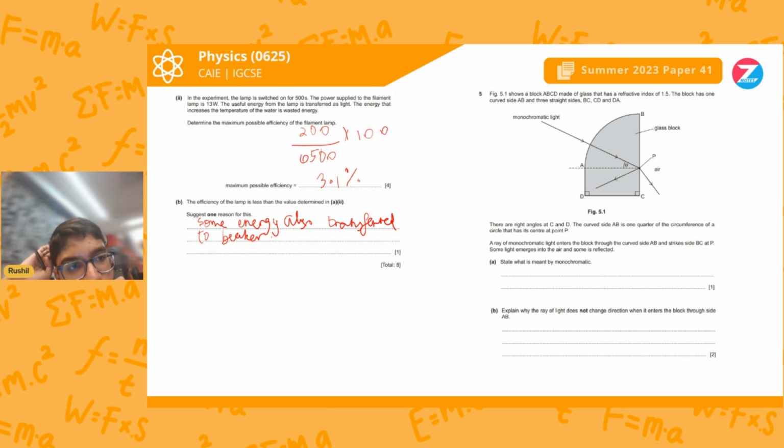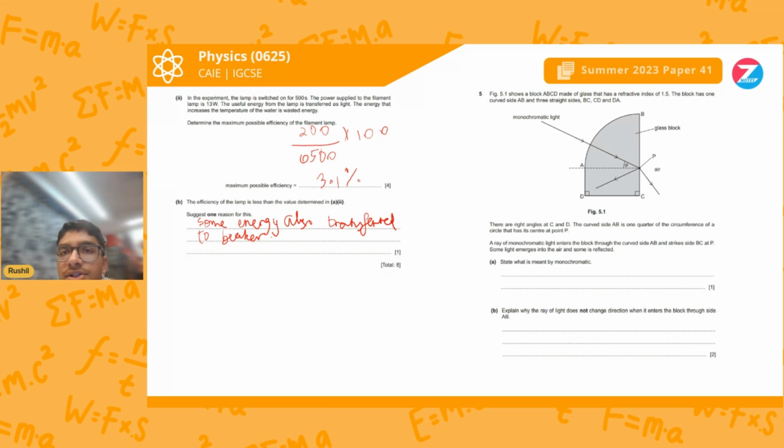Hence, the energy supplied for that given amount of light will have to be greater than what we measured. So that's why the efficiency falls, because the percentage of useful energy supplied as light is less, because even more energy is now supplied as heat and wasted.